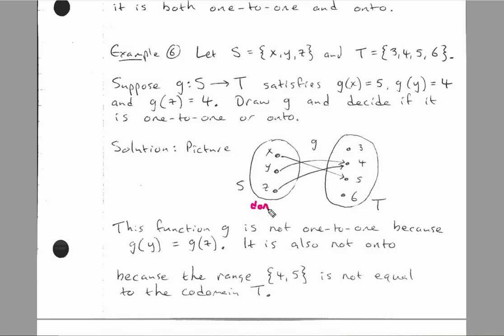That's G. And the codomain here, T. Okay, so just list the elements of the sets, and you can put a dot for each element. So X gets sent to 5, so there's an arrow from X to 5, Y to 4, and Z to 4.